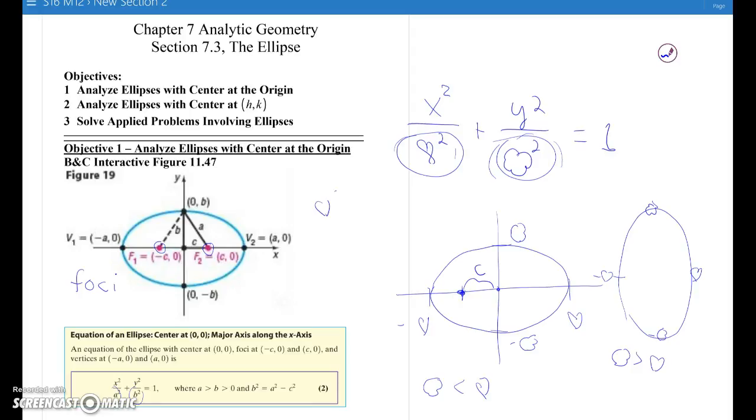And if I find the difference in the denominators in absolute value, so whichever one is bigger, subtract that direction, and that's going to give you c squared. So if the flowers are bigger, do flower squared minus heart squared. If the hearts are bigger, do heart squared minus flower squared. So it's the difference of the denominators, and the square root of that will tell you the distance from the center to the focus point.